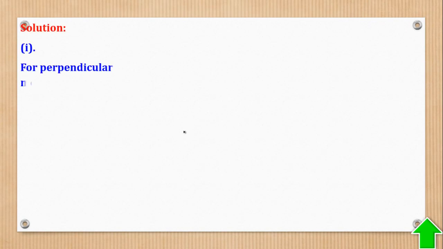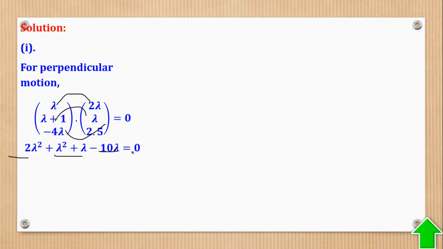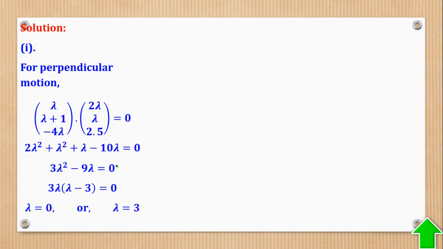The condition is that when you dot them, you get 0. So I'll dot the vectors. This times this to give you this. This times this to give you this. And this times this to give you this, equal to 0. Collect like terms, factorize, and get the two values of lambda.